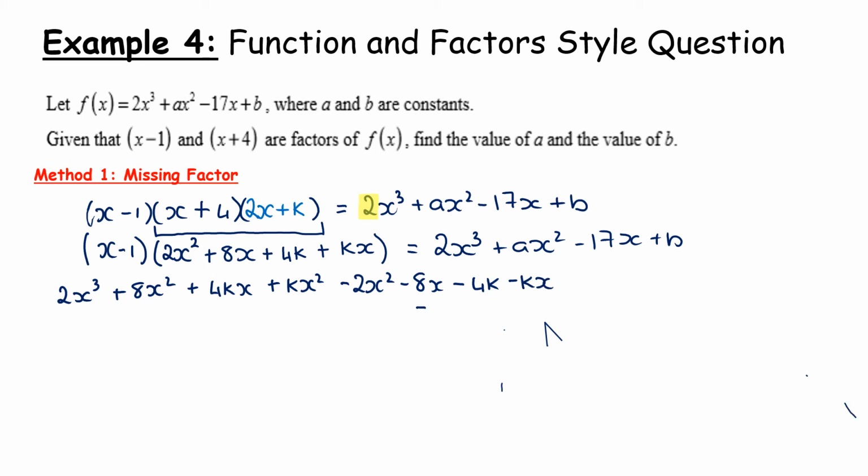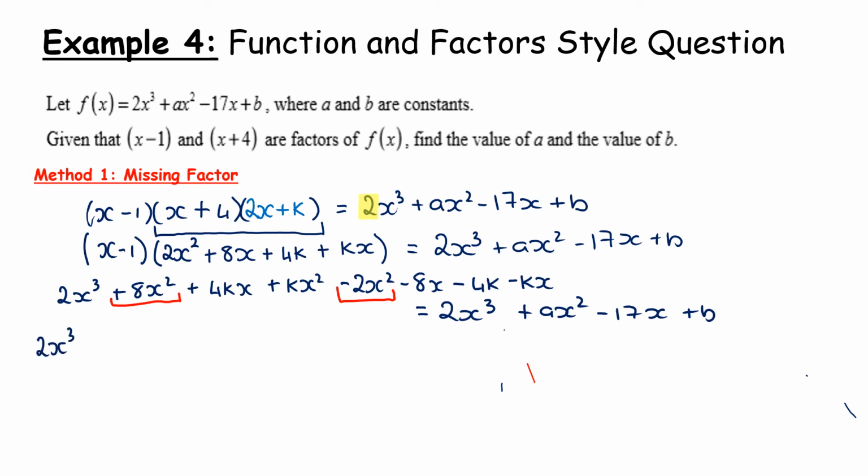And that still all equals 2x cubed plus ax squared minus 17x plus b. Okay, so we have a lot going on here. Just taking a quick look, can anything be cleaned up? I can see we have an x squared here that I could clean up. Other than that, unfortunately, everything will have to stay.